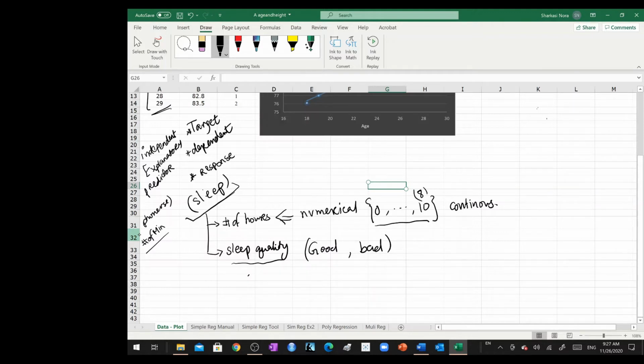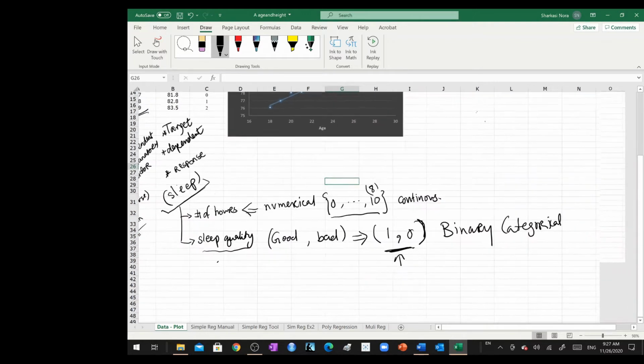So the response variable over here, or the dependent variable, will be of the type that if it's good, we can code it as 1. If it's bad, we code it as 0. In this case, we call this binary, isn't it? It's 1 and 0. Only 1 and 0. So it ranges only between 1 and 0. It's like a categorical variable. So it's a binary variable.